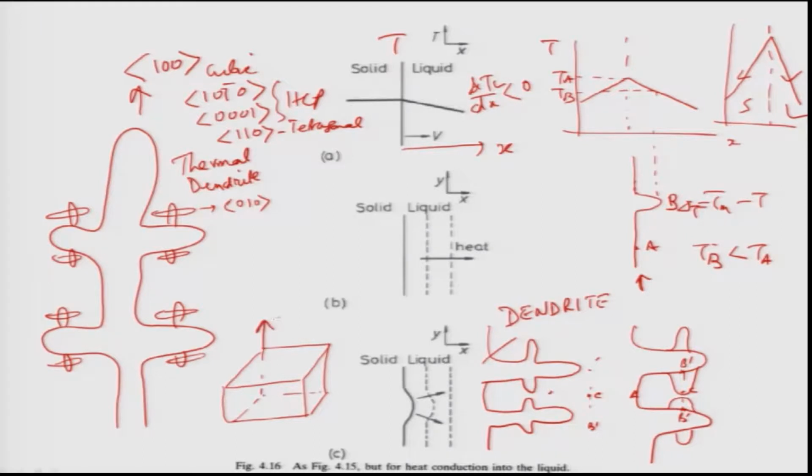This is 0 0 1, this is basically 1 0 0, and this is 0 1 0. So, I can always have 6 directions like these, okay. You can clearly see the 6 directions, 1 2 3 4 5 6. That is why you always see the 6 arms of the dendrites in real 3-dimensional pictures.